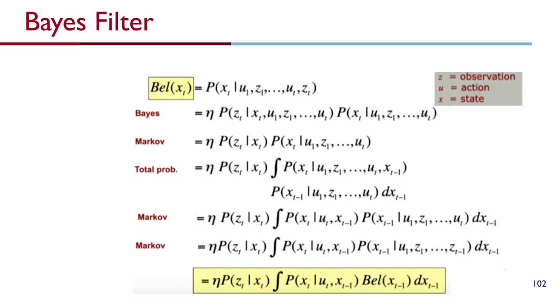It expresses the probability of ending up in state xt when the robot was previously in xt-1 and executed action u at time t. The multiplication term is the observation model, which measures how well the current state explains the sensor observation. This recursive structure is what makes the Bayes filter feasible.